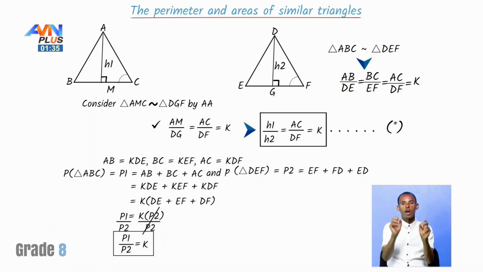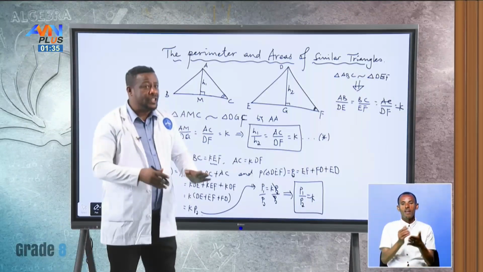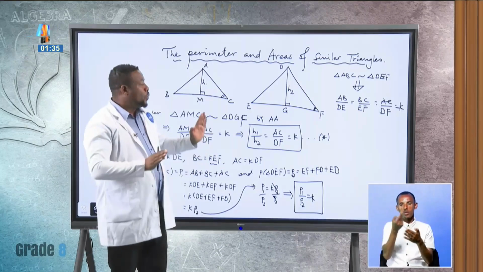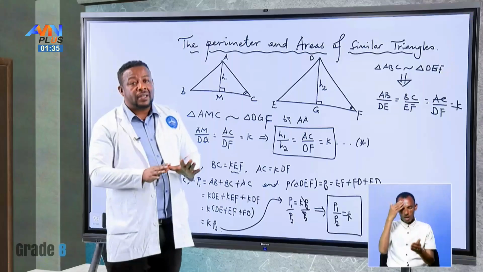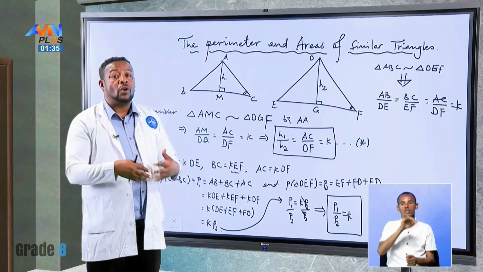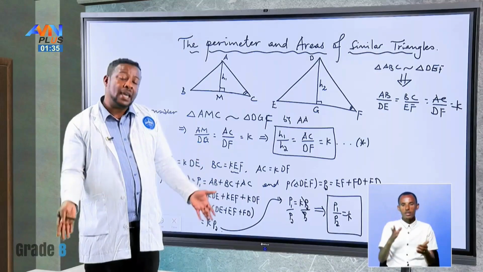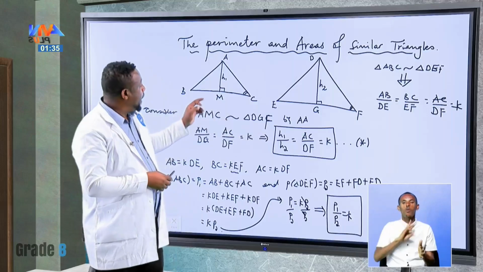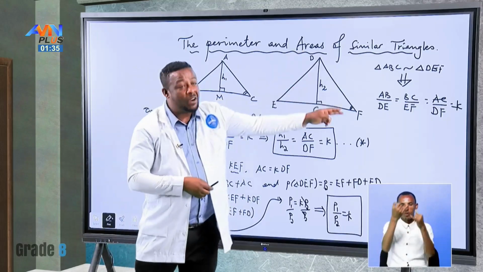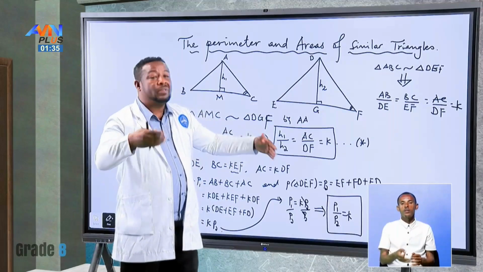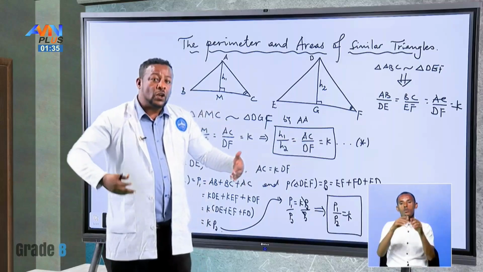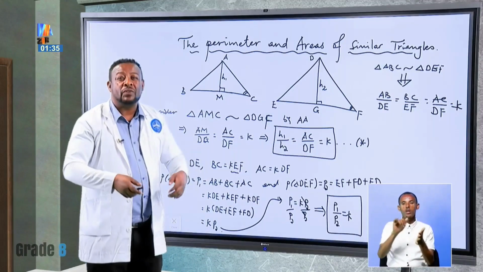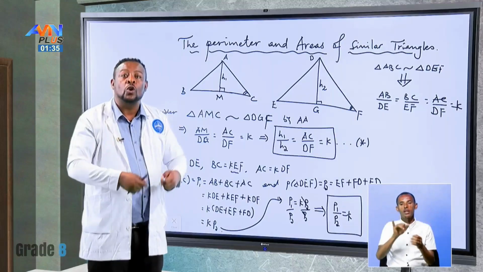Take a few seconds to compare the relationship that we derived here. We all know that if two triangles are similar, the ratio of all corresponding sides are the same. That means if we have AC over DF, you will have a certain proportionality K. So from this, we can say that if two triangles are similar, the ratio of the corresponding altitudes is also constant.